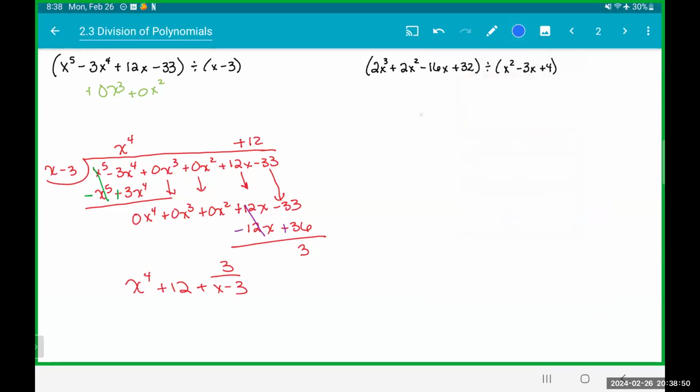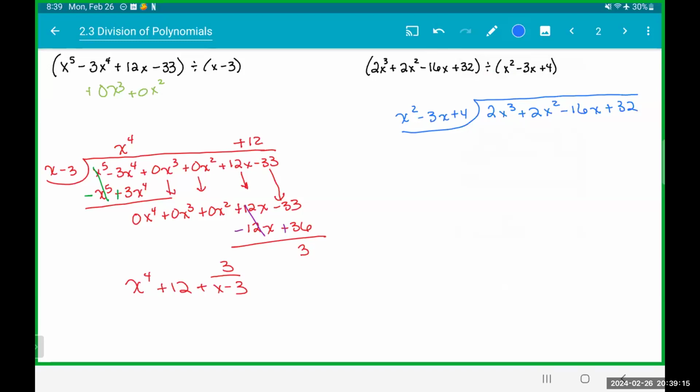Okay, so for this last one, we have x squared minus 3x plus 4 divided by, we have x cubed, x squared, x to the 1, x to the 0, so we don't need to add any placeholders. We can just put 2x cubed plus 2x squared minus 16x plus 32.